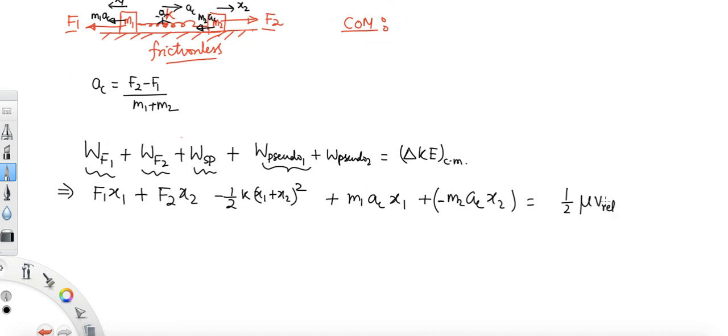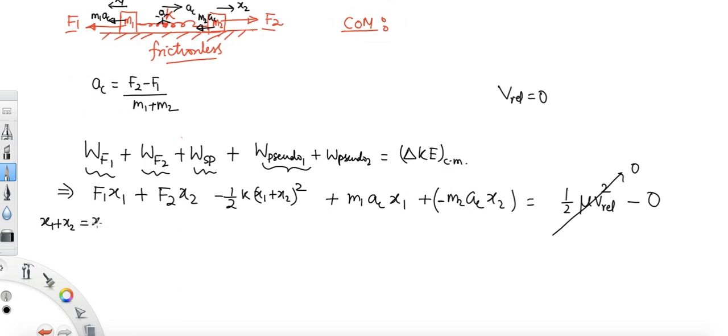We know how to write kinetic energy from the center of mass frame: half mu v relative squared minus the initial value, which is 0. Also, during the maximum elongation, the relative velocity of one block with respect to the other will be 0, so this term is also going to be 0. We are required to find the value of x1 plus x2.